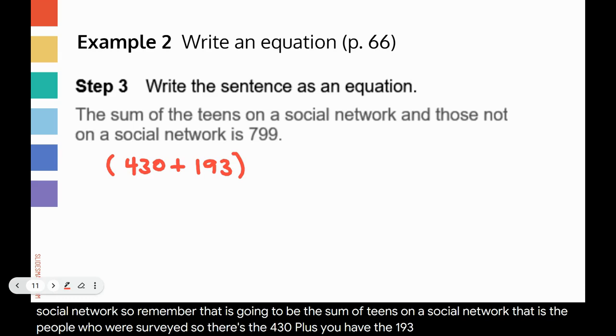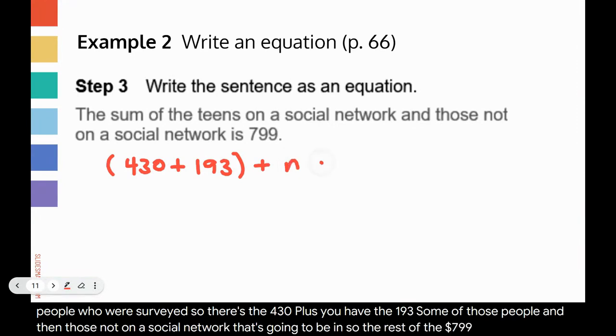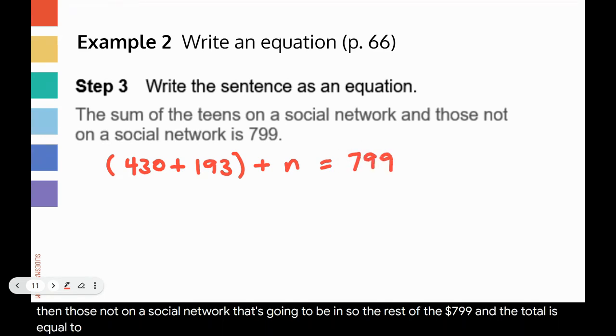So that's the sum of those people. And then those not on a social network, that's going to be n. So the rest of the 799. And the total is equal to 799. Okay, so that is our equation.